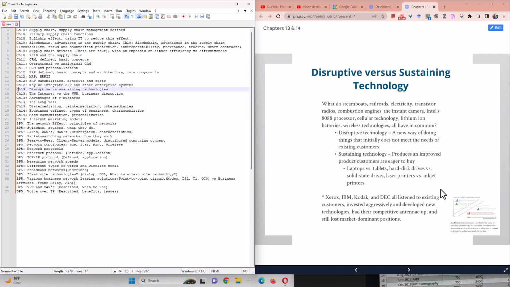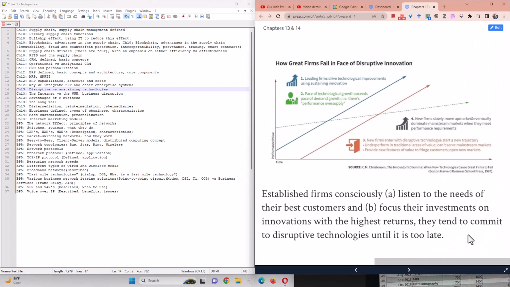You should know what disruptive and sustaining technologies are. Disruptive: a new way of doing things, but it doesn't meet the needs of customers initially. Sustaining technologies produce an improved product that customers are eager to buy. I would be familiar with how great firms fail in the face of disruptive innovation.